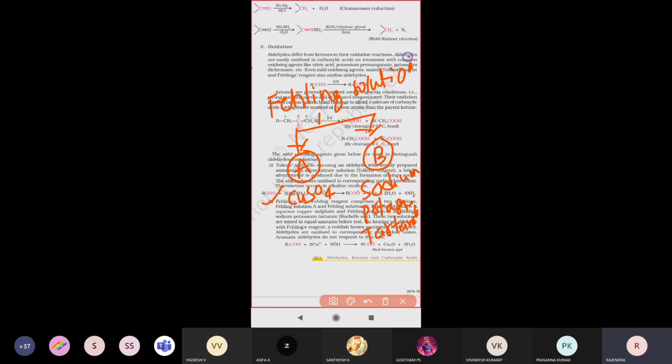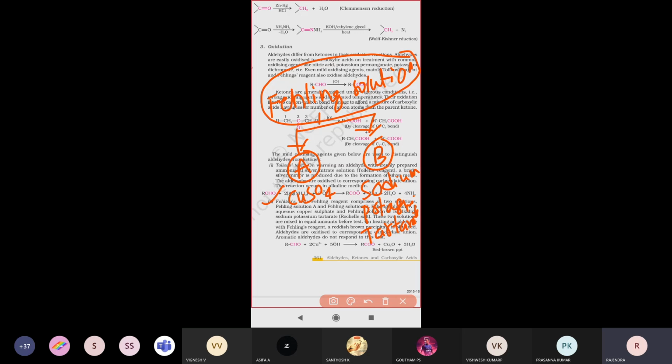So there are two types of Fehling solution: Fehling solution A is aqueous copper sulfate solution, and Fehling solution B stands for sodium potassium tartarate solution. There are two solutions.